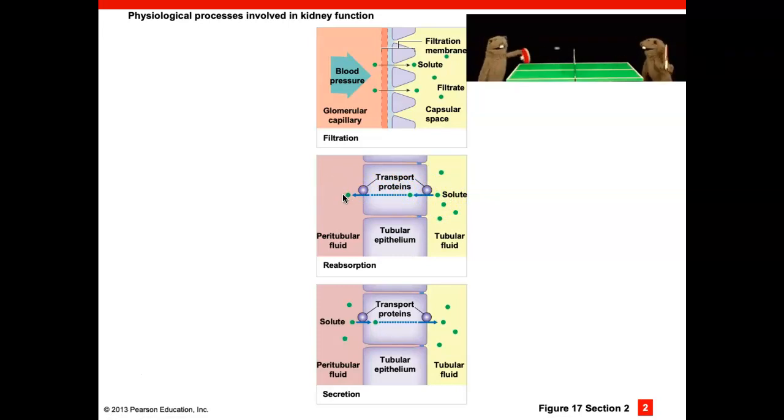Amino acids. We don't want to excrete amino acids in our urine. Our body uses them. Glucose. We don't want to excrete glucose in our urine. Our body needs it. So these nutrients are going to be reabsorbed. And then certain wastes may be secreted finally back into urine to be removed from the body.